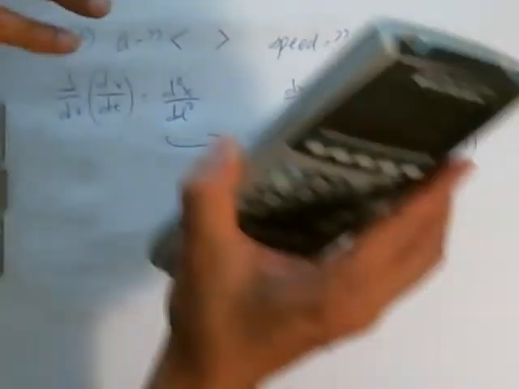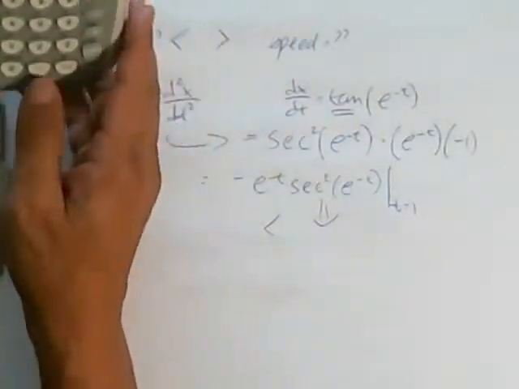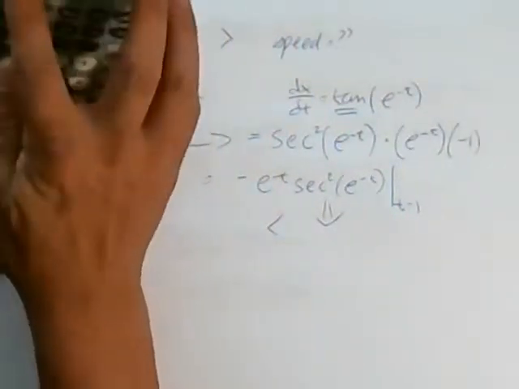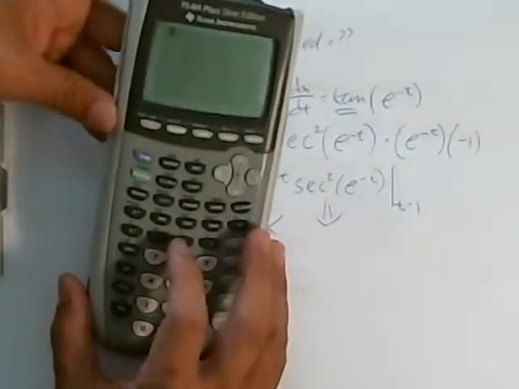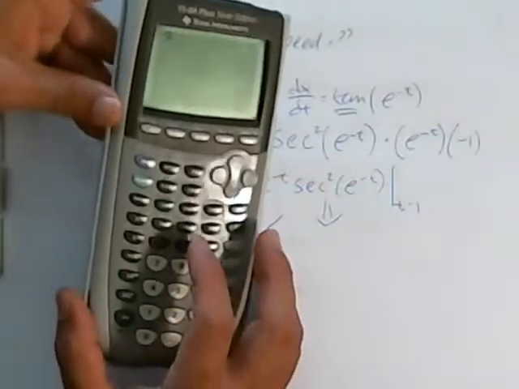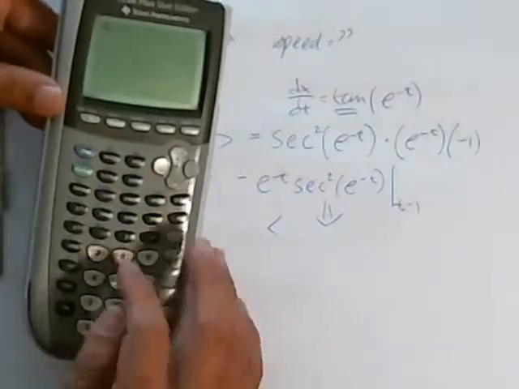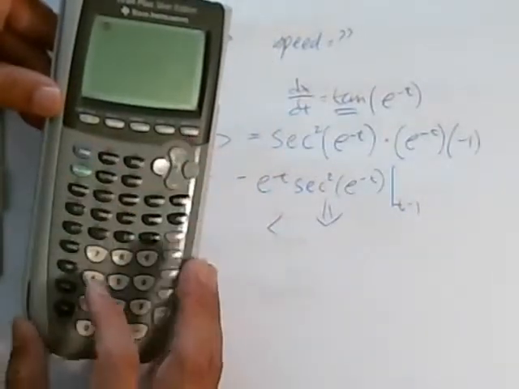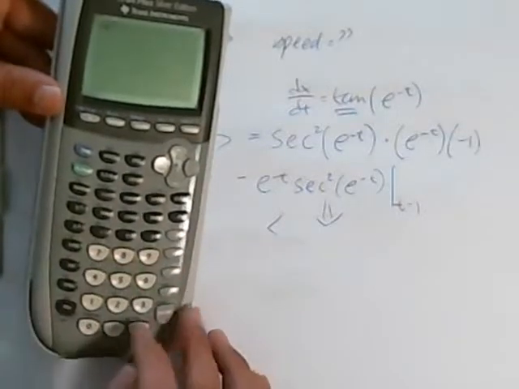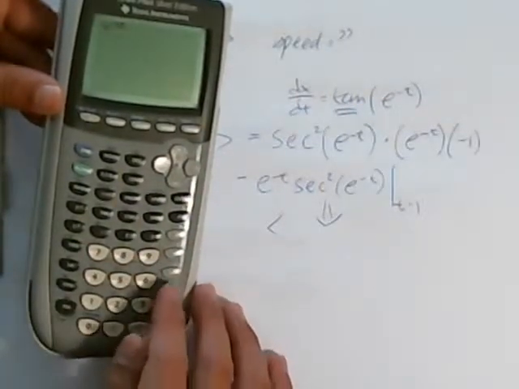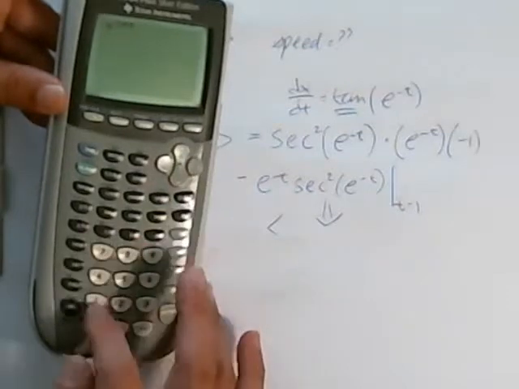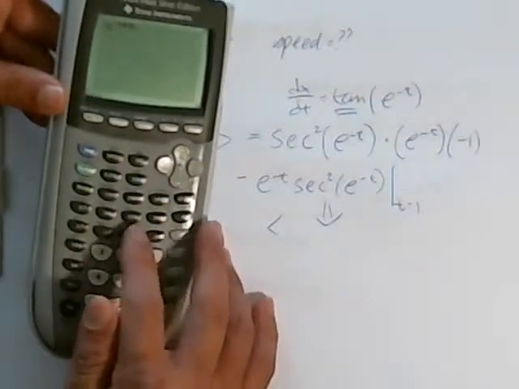So let's actually do this. Negative e to the negative 1 times secant squared, I'm going to put parentheses.